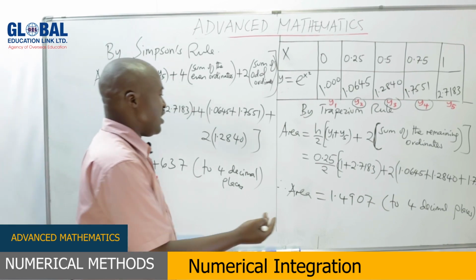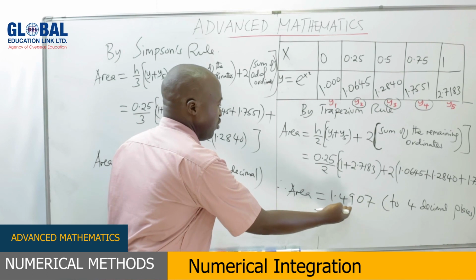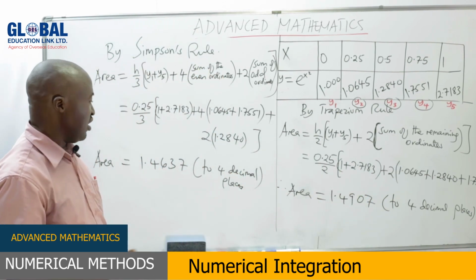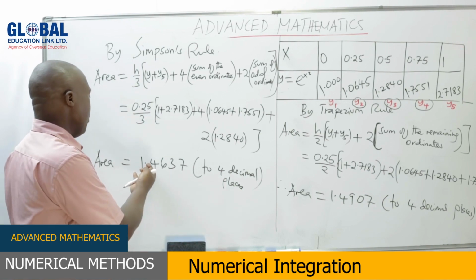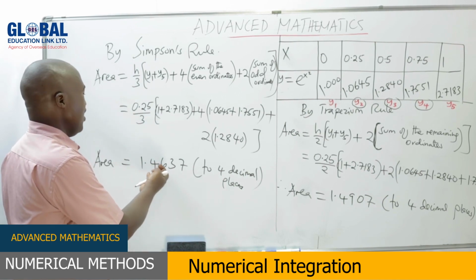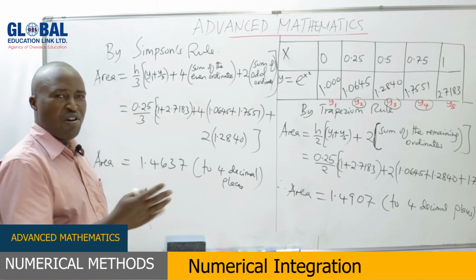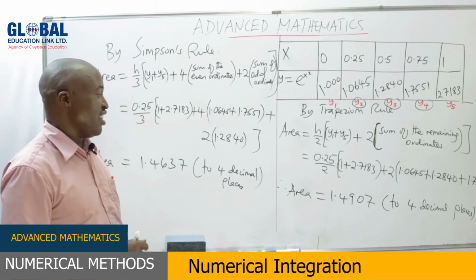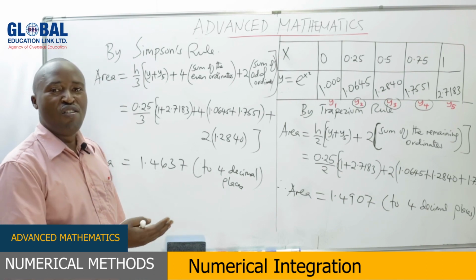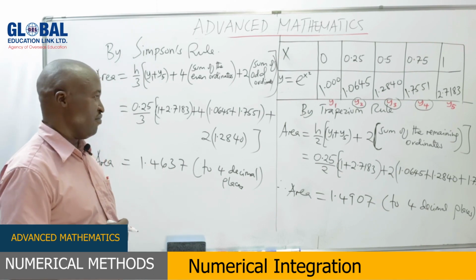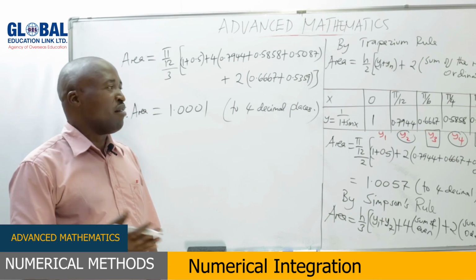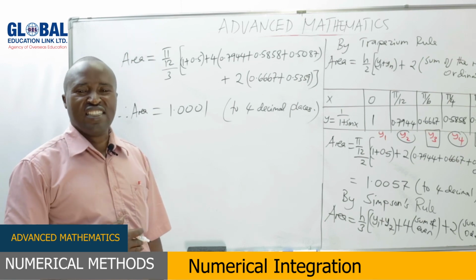For the case of trapezium rule, we have 1.4907, and for Simpson's 1.4637. Somehow they are close because it's just a matter of approximation. They are making approximation of the given curve. So my dear student, it is my hope that you're learning something about numerical integration.